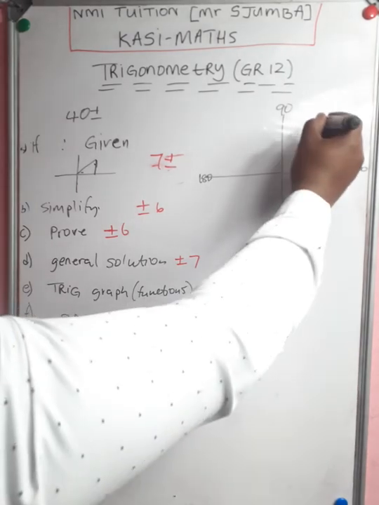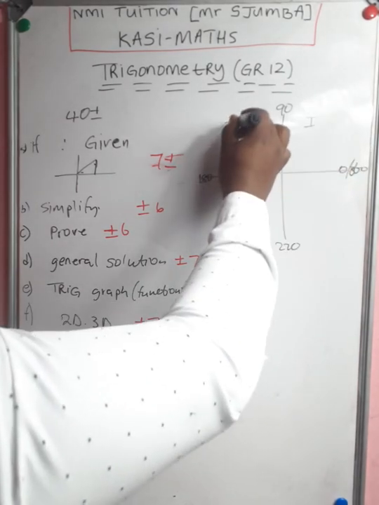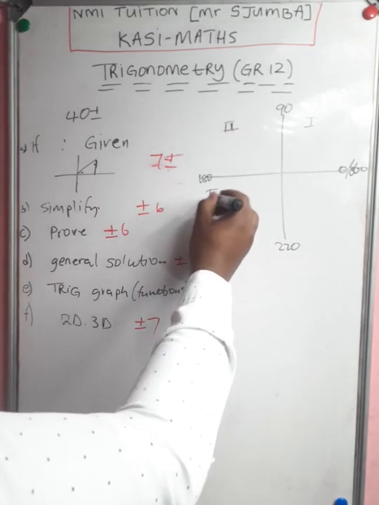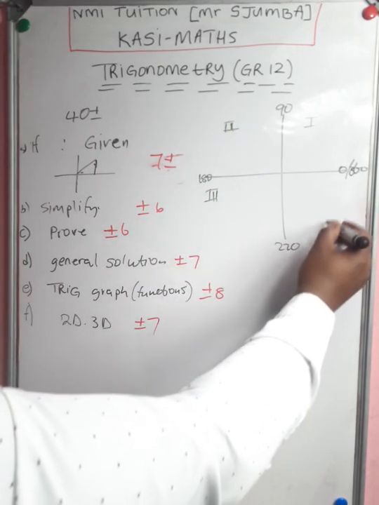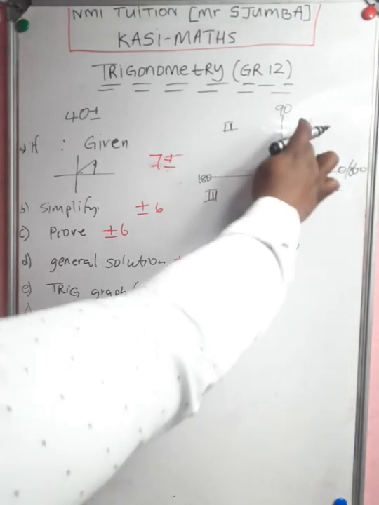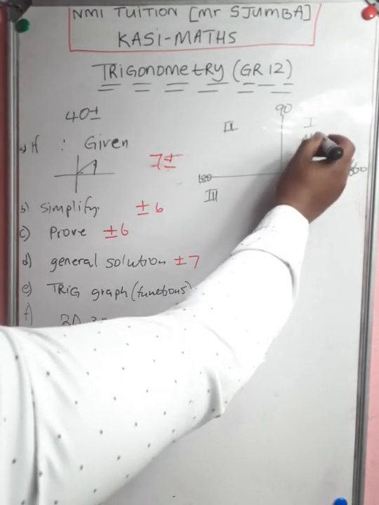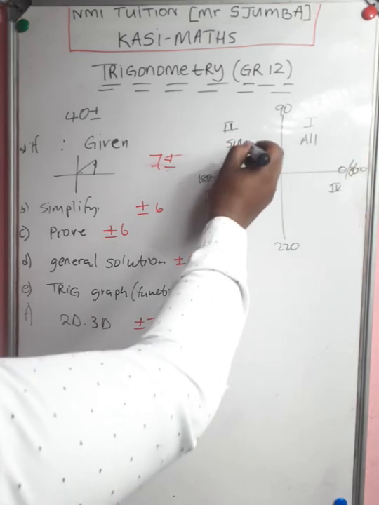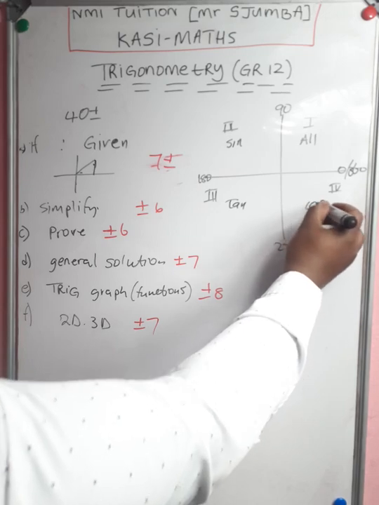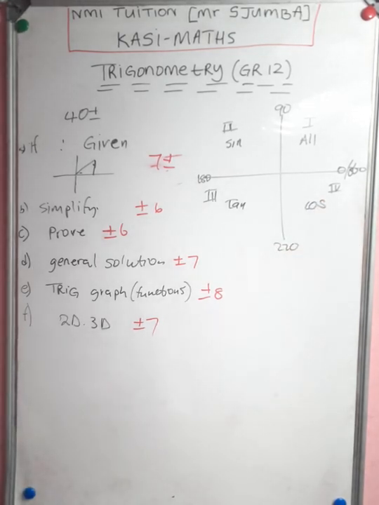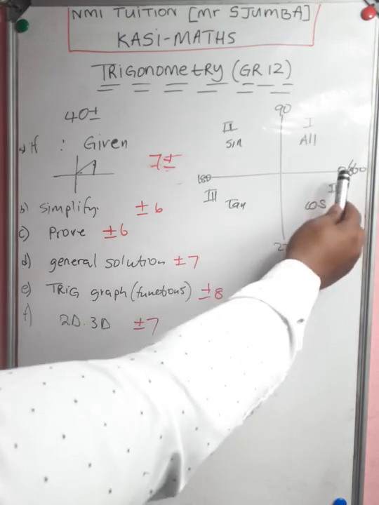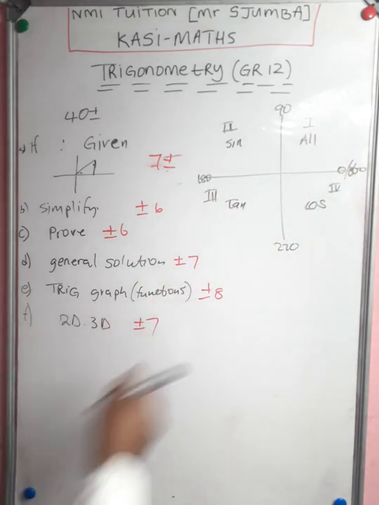So this is quadrant 1, quadrant 2, as from grade 10, quadrant 3, and here we have quadrant 4. In quadrant 1, all are positive, in quadrant 2 only sine, in quadrant 3 it's tan, and in quadrant 4 it's cos.